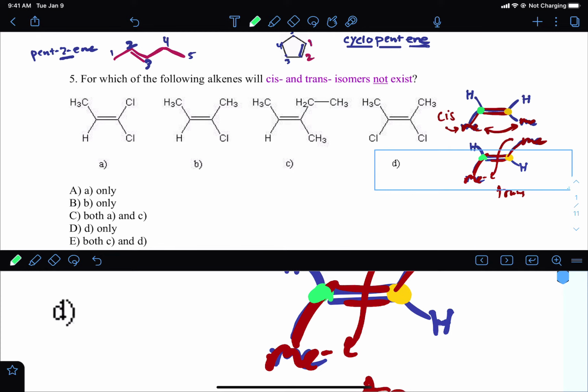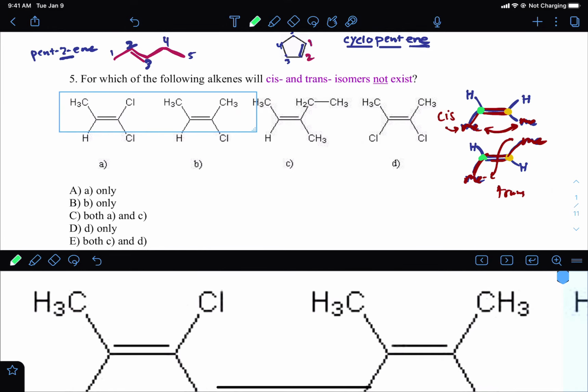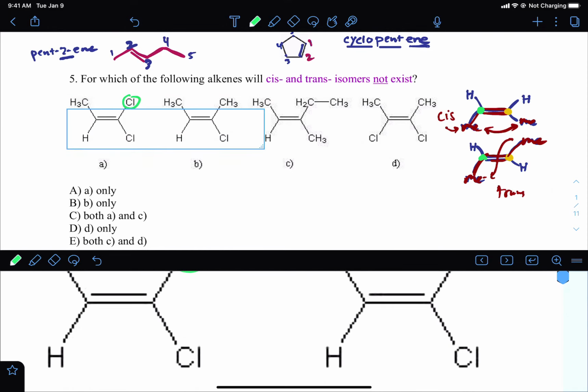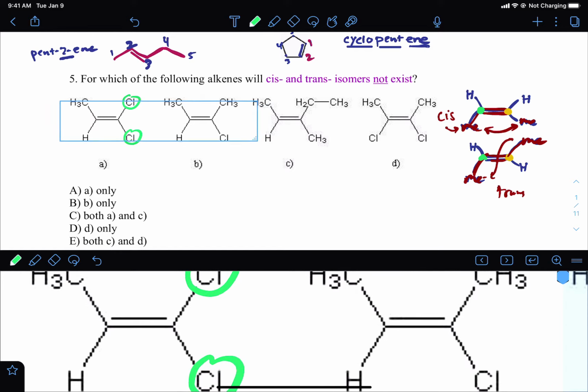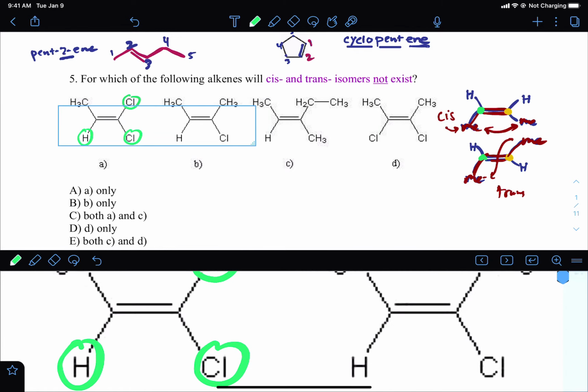If you have identical groups on one of those carbons, there's no way that you can have cis and trans, right? For example, looking at A, we've got chlorines over here. So there's really no cis and trans. Like this H is trans to the chlorine, but it's also cis to the chlorine, right?